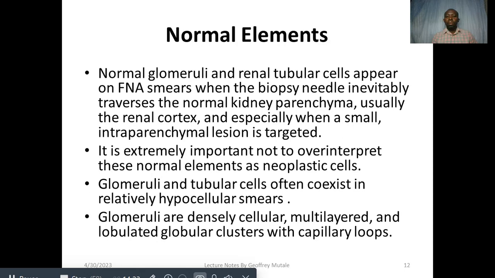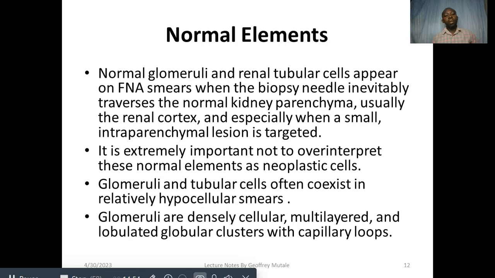But with experience, I think we can draw a line between these two, looking at different factors and morphological features that we use to identify malignant cells, and maybe in conjunction with other auxiliary tests like immunohistochemistry and cytogenetic typing, which may help us to draw lines between the different cells.